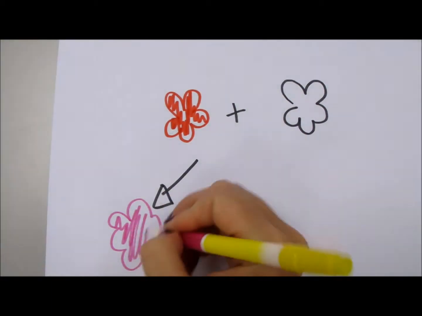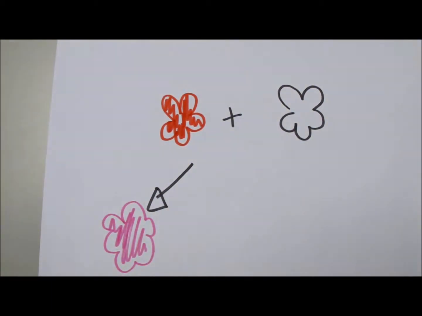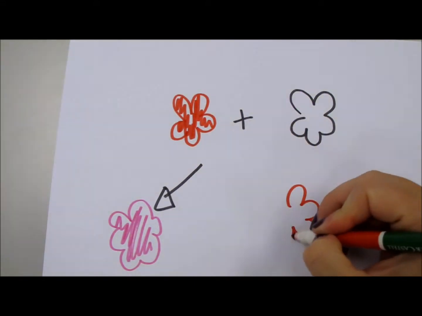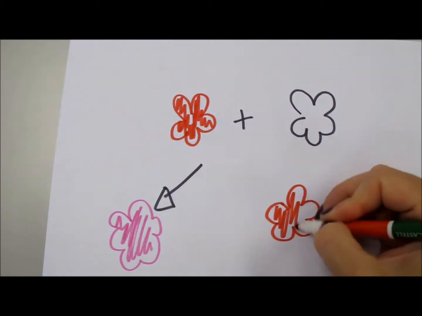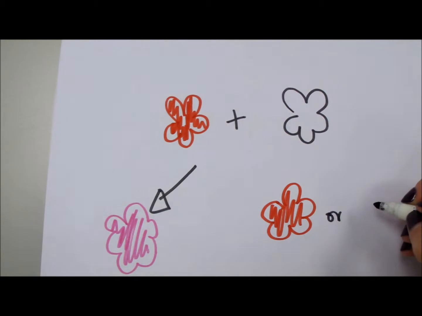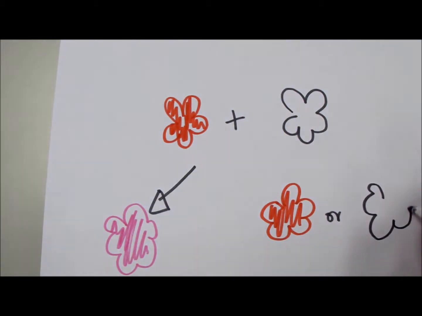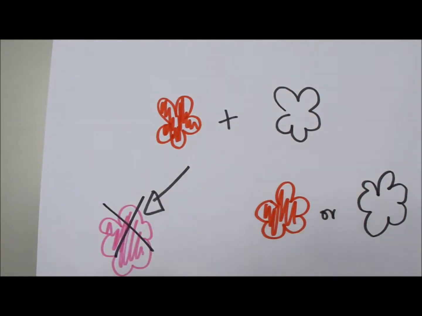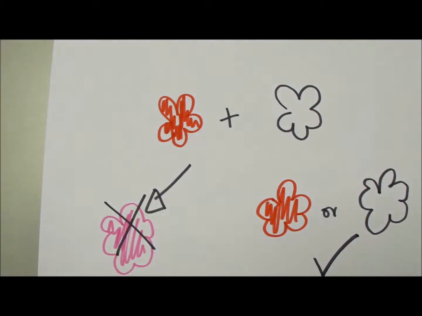My drawing's not being very good today. Or all of our offspring are either red or white. Now, back in the 1800s, a man called Gregor Mendel did a series of experiments, and he found that this was not the case, but that this was the case.